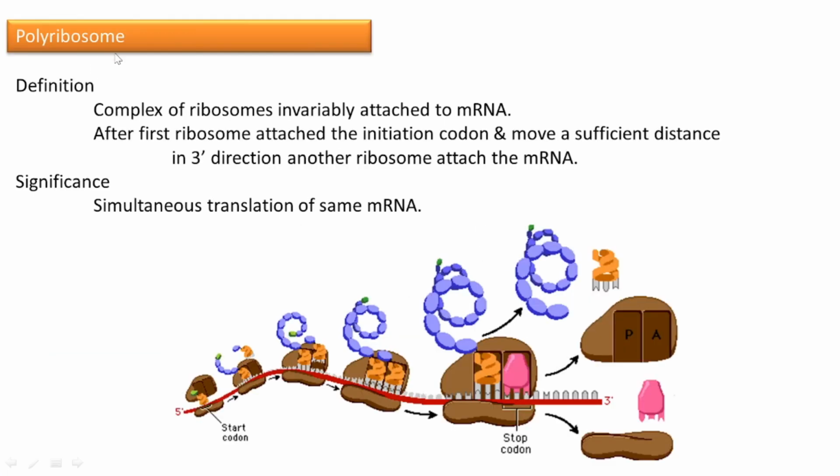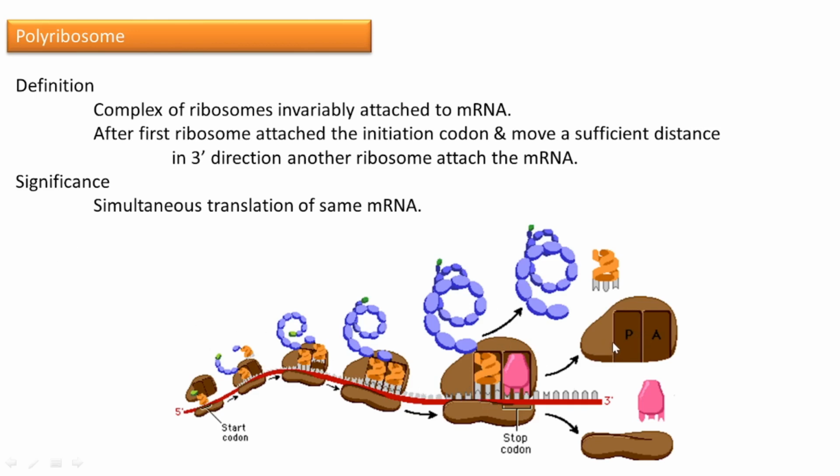Next, we are going to understand about polyribosome. What is polyribosome? First we need to understand the definition. It is a complex of ribosomes invariably attached to the mRNA. A stretch of ribosomes is attached with this mRNA and carrying out the translation. This is the first ribosome.